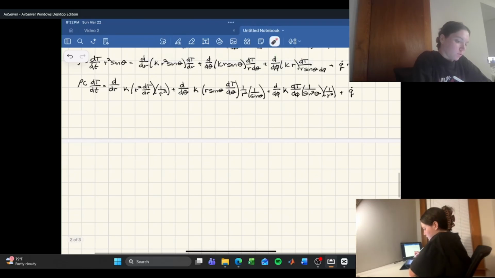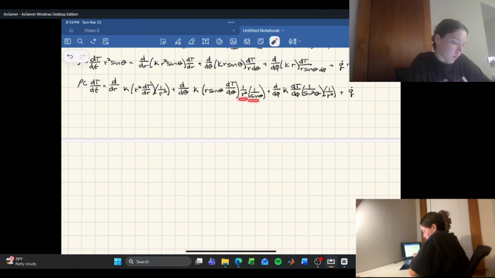And note this part here, because r squared is differentiable, when we divide by the r squared sine theta, we get the r squared in the denominator because the sine will cancel. And then the same thing in this section here, this r sine theta is differentiable, so that stays there because of this here. And then the r squared sine theta is in the denominator there as well.